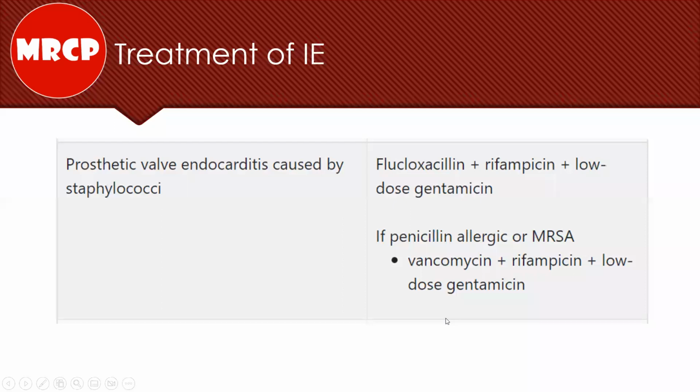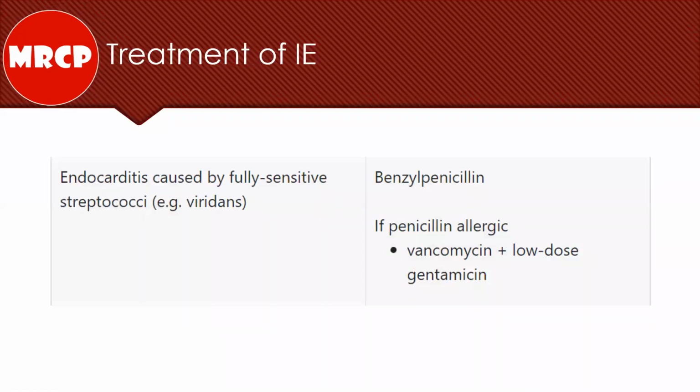Again, if you have a patient with endocarditis caused by fully sensitive streptococci, we mean by this Streptococcus viridans that complicates dental procedures or poor dental hygiene, we give benzyl penicillin.